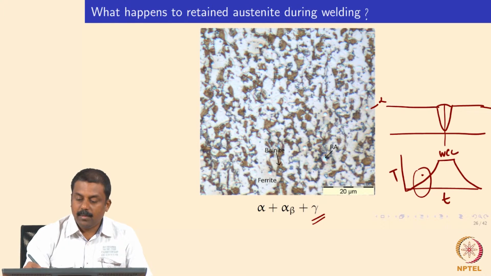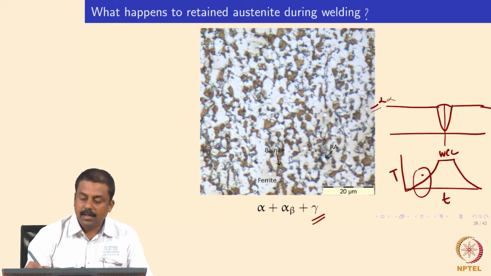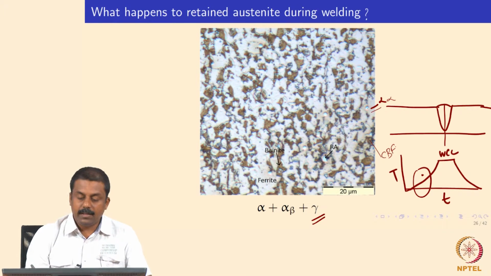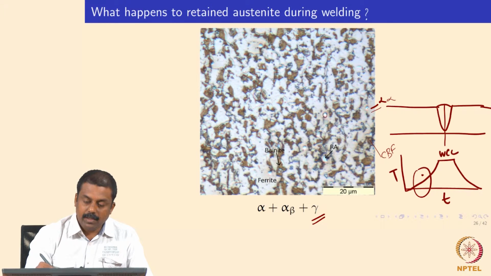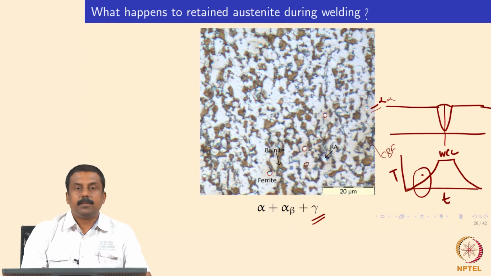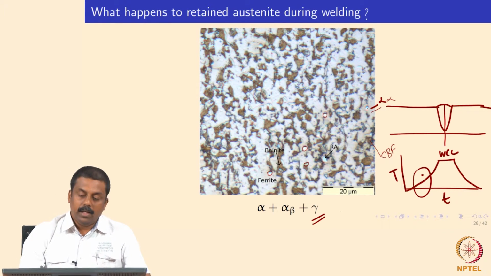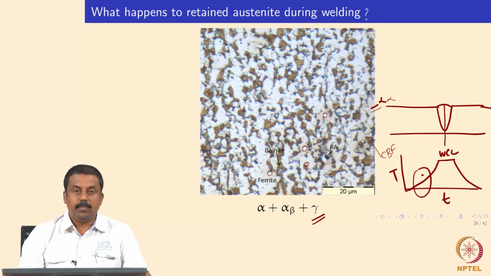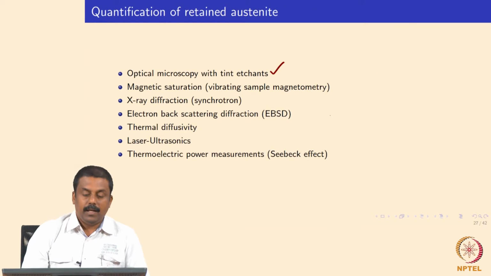You have the alpha matrix, and the brown color here is carbide free bainitic ferrite, and the bright islands over here are all retained austenite, as I explained. Now we can use a simple point counting method to calculate the volume fraction of individual phases, but again it may not be accurate compared to the other techniques listed here, because what you are seeing here is not a full representation of the volume.